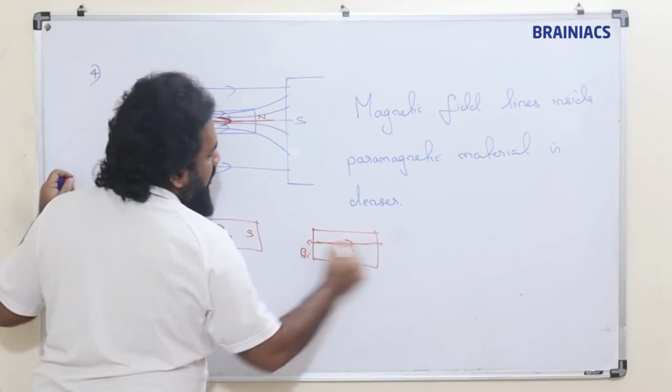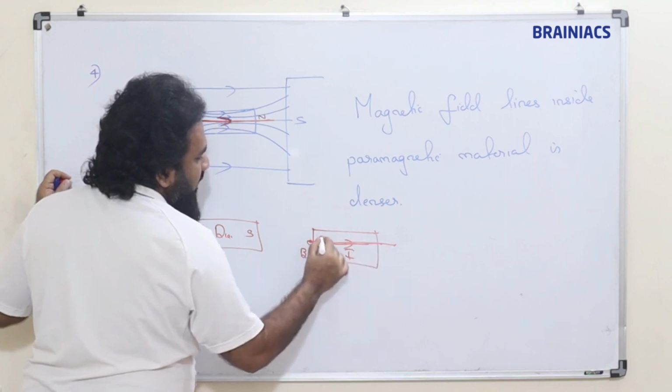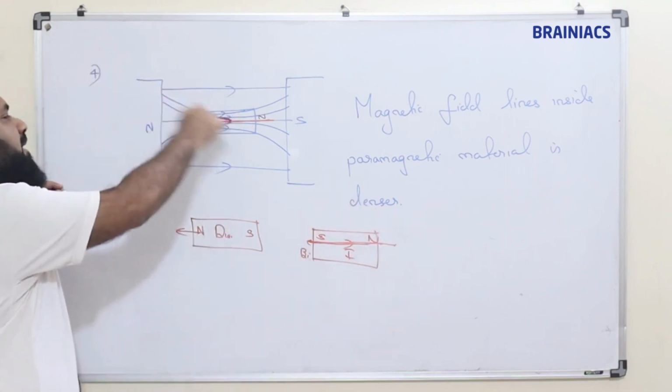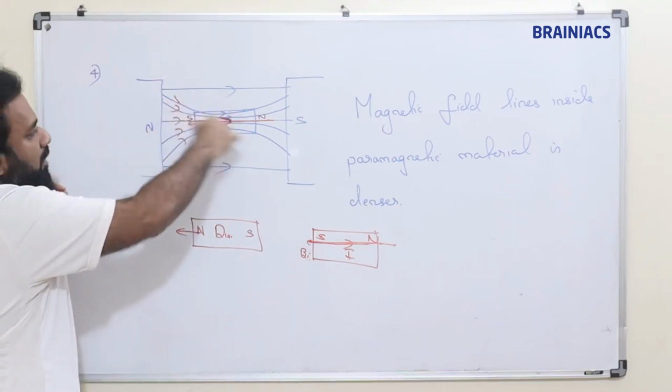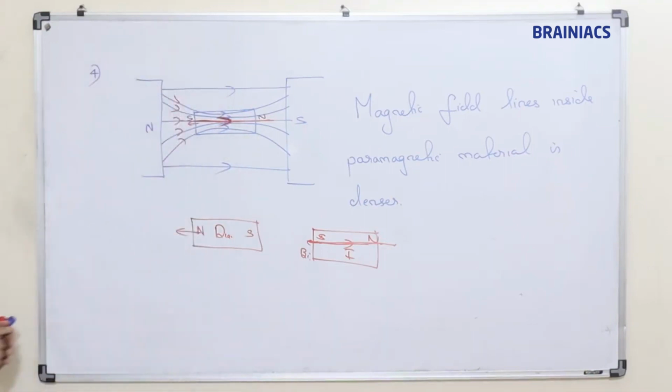So this is how it is going to be. If this is a material, it is just like south, north. So obviously the lines will try to come through this. Clear? Okay, that is the next point.